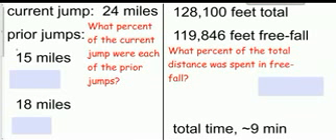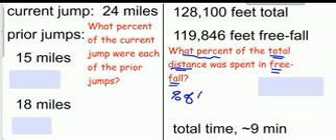All right, going back to Fearless Felix, we're being asked what percent of the total distance Felix spent in free fall. So we want a percent of the total that was free fall.